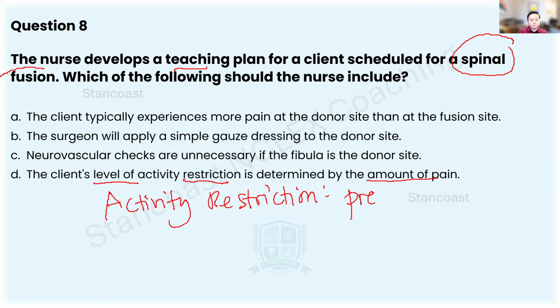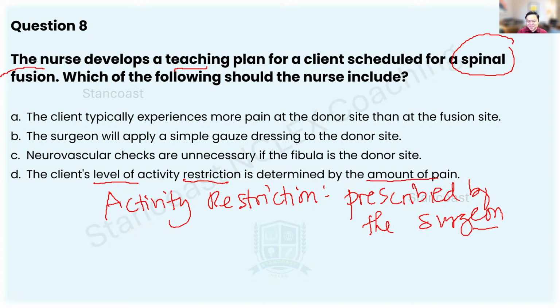It's not according to the amount of pain. That would be kind of difficult, guys. If we are going to limit their activity according to the pain, that would be so difficult to manage.